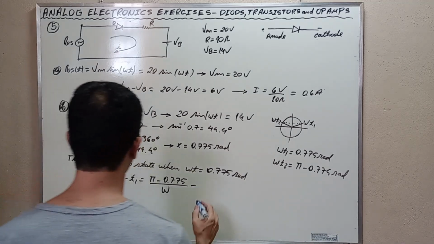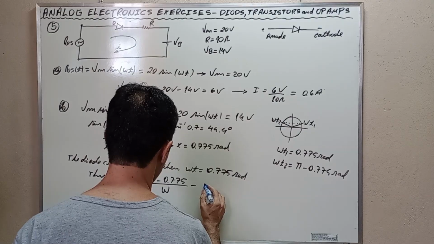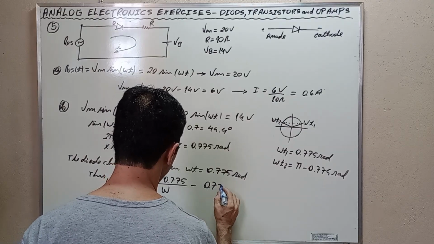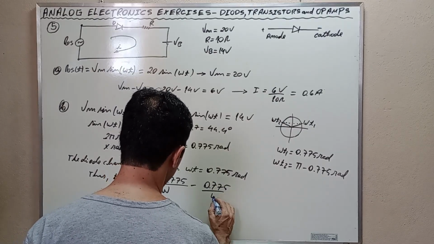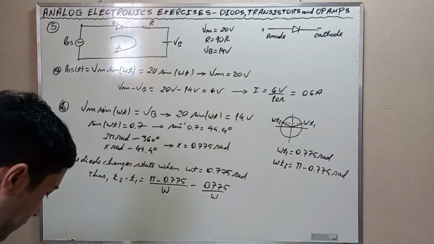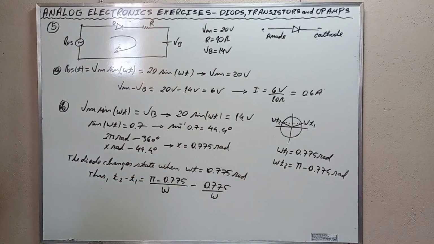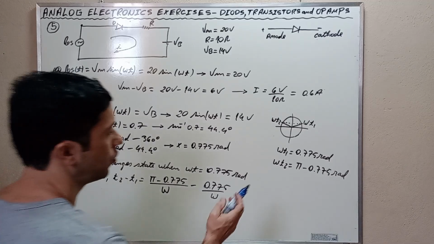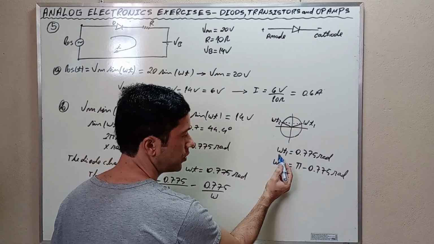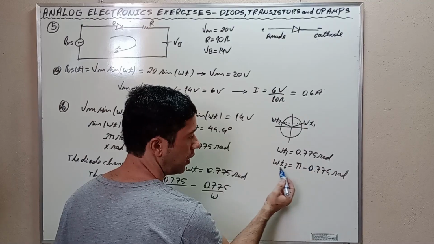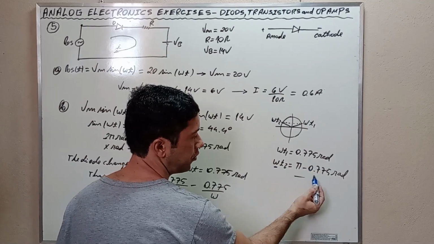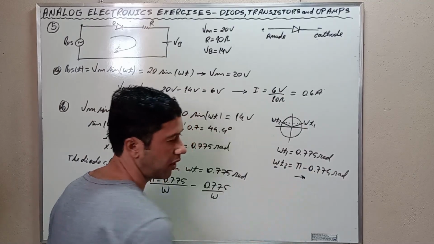T1 is 0.775 divided by W. Okay? We have W here, we simply pass the dividing.